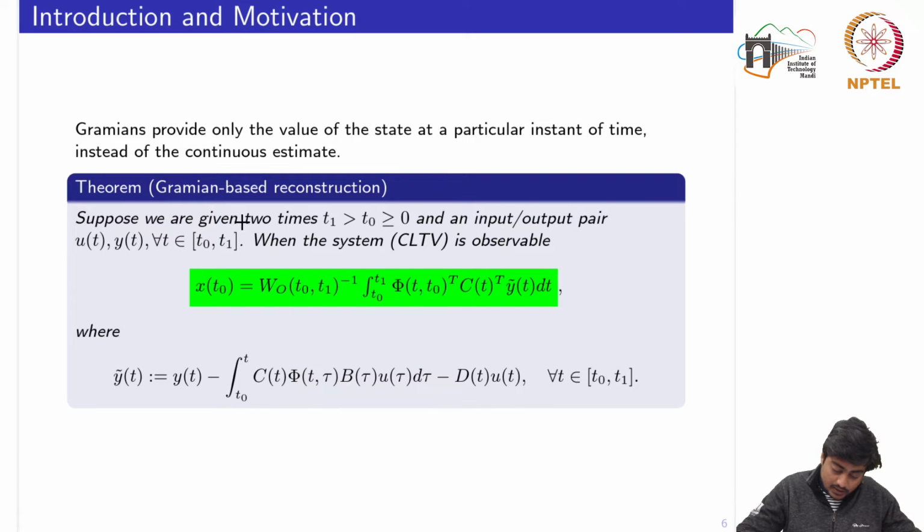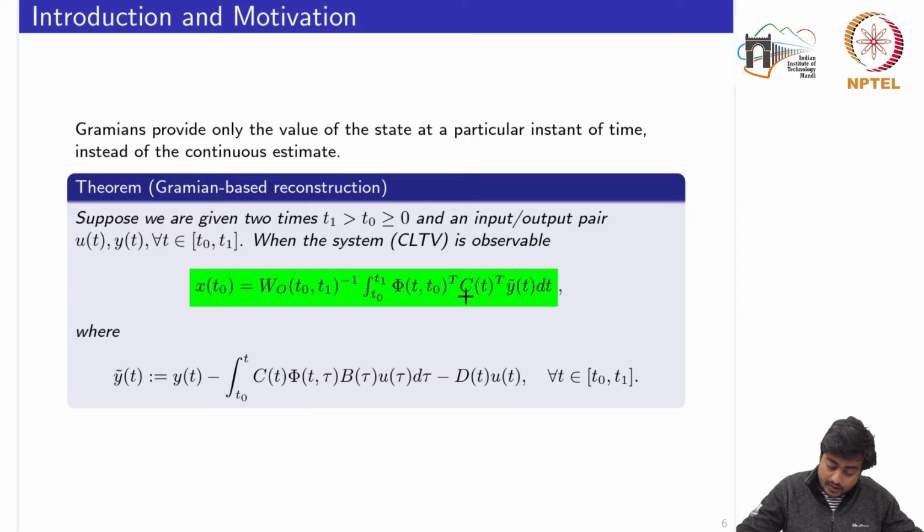And this was the theorem we had discussed: given the data during the time interval t0 comma t1, we computed x of t0 as the inverse of the observability Gramian multiplied by this integral, where we need the state transition matrix, which we can compute.